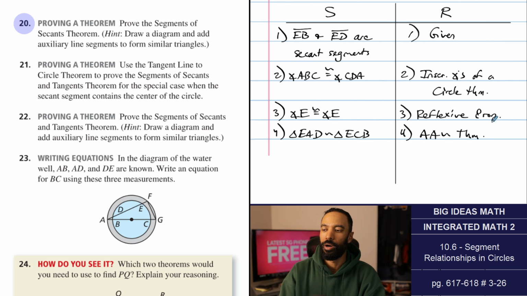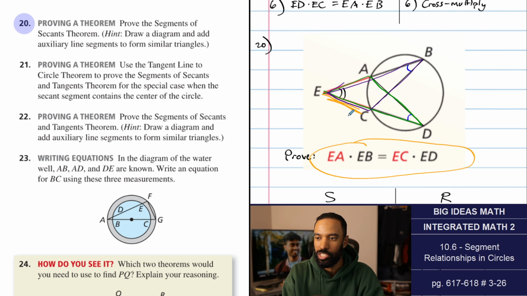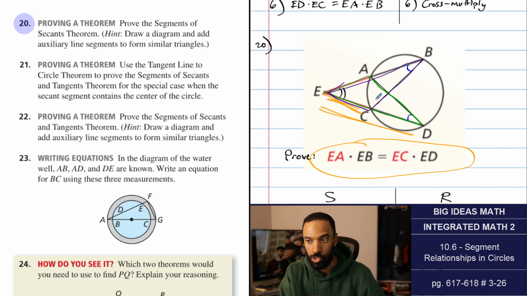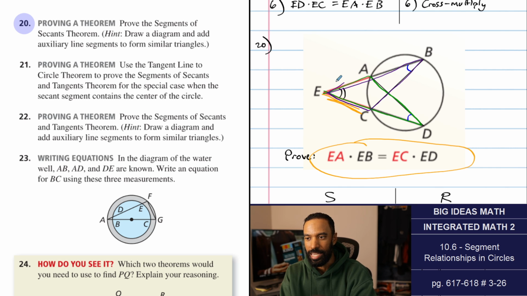Okay, the important part for us is to make outside times whole equal outside times whole. So I need to involve EC somehow. I need to involve ED, although those don't correspond. So EC is to EA, right? The purple, in this purple triangle, that EC is that EA here.